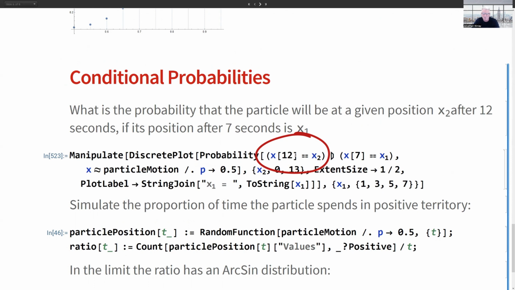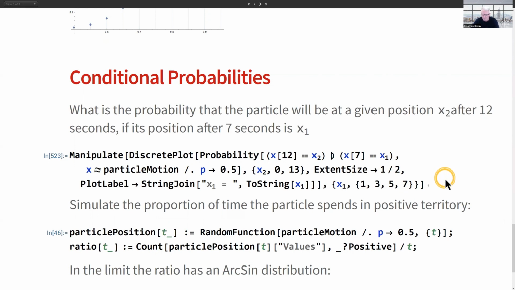Probability that x12 is equal to x2, given that x7 is equal to x1, and x follows a particle motion process with probability parameter set to 0.5 in this case. And we'll look at various values of x2 in the range from 0 to 13 for various starting point levels, x1, being 1, 3, 5, or 7.